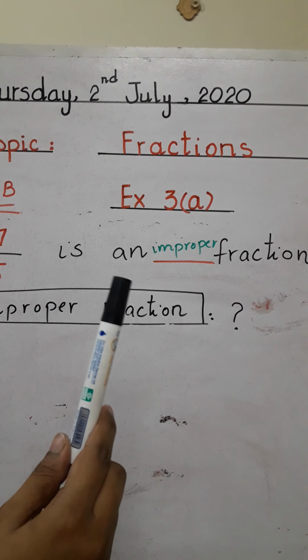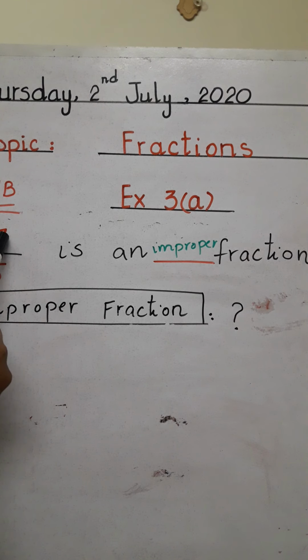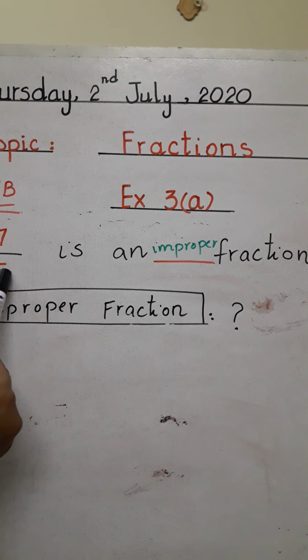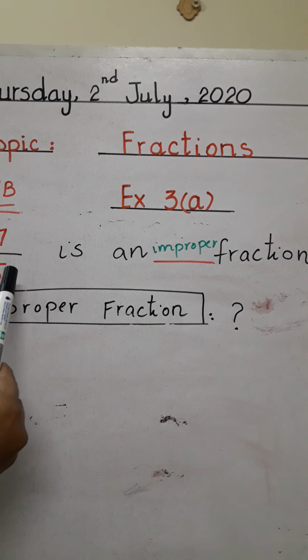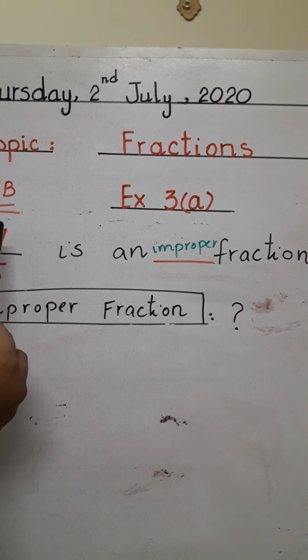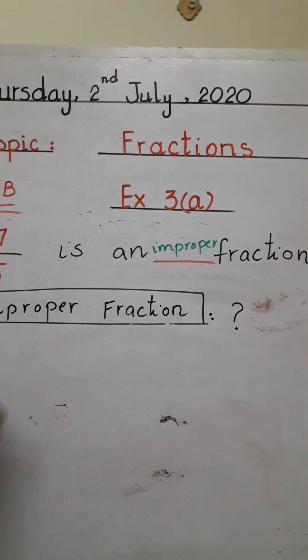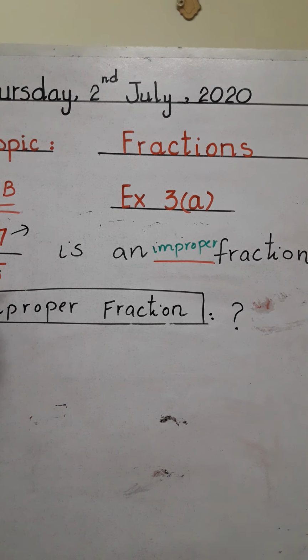An improper fraction is a fraction in which the numerator, the top number, as you know, and the bottom number is denominator. So an improper fraction is a fraction in which the numerator is greater. 17 is numerator, so you can see the numerator is greater. 17 is a bigger number than 5.